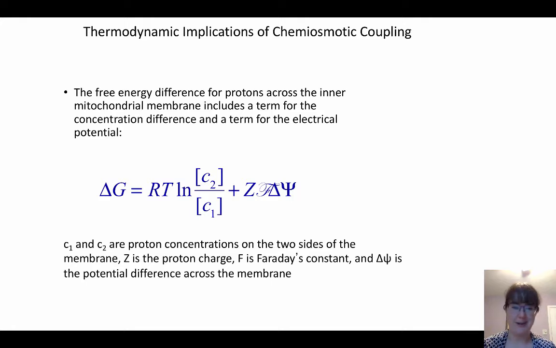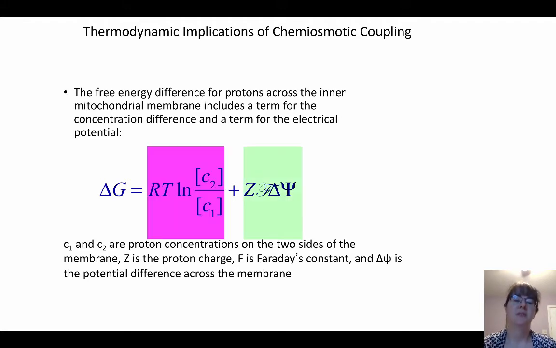Getting into the thermodynamics. This is an equation to describe the thermodynamics of our ATP synthesis, of that chemiosmotic coupling. Delta G here is going to be determined by two main things. One of those is the concentration of protons on either side of the membrane. So that C1 and C2 relationship is going to be one of the driving forces.